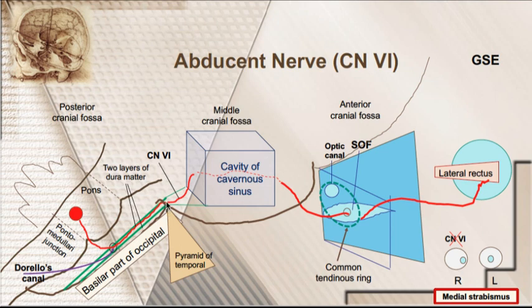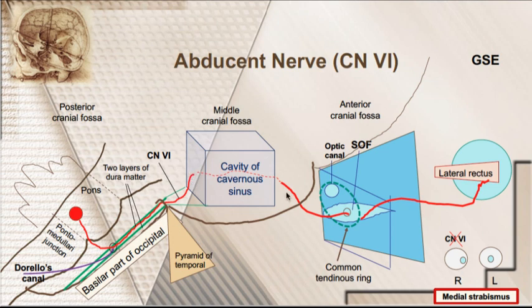The second place that the nerve may be damaged is the cavity of the cavernous sinus. Unlike the other cranial nerves passing through the lateral wall of the cavernous sinus, the cranial nerve number 6 crosses its cavity together with the internal carotid artery.